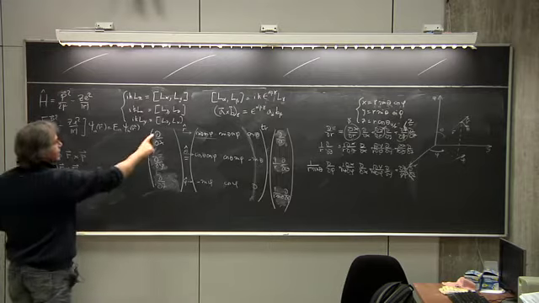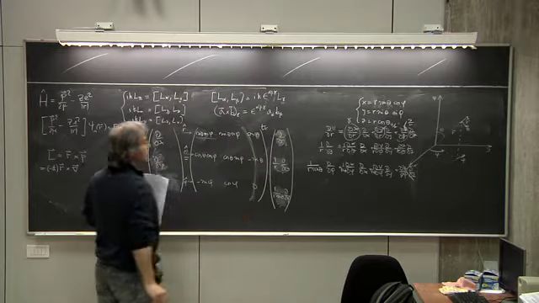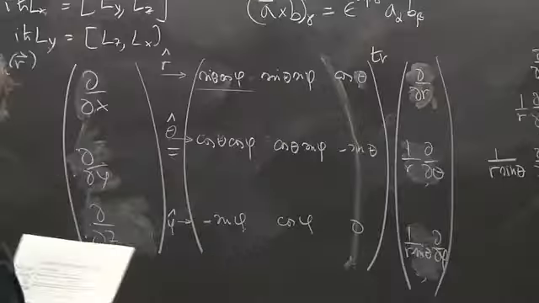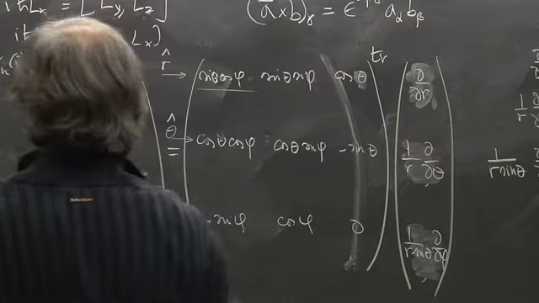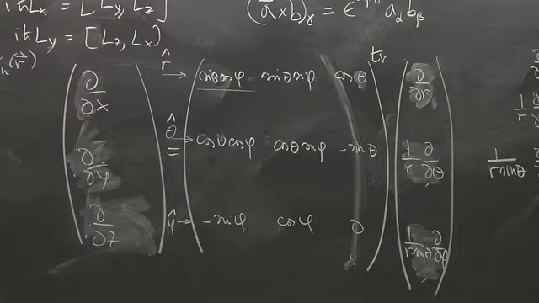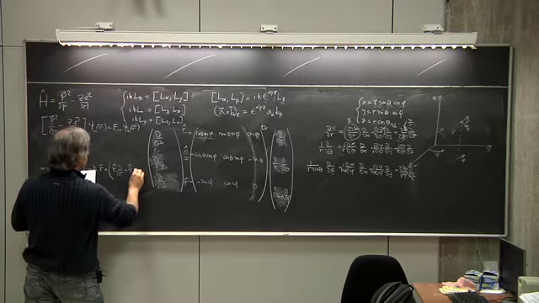Now, the gradient can be expressed in this new coordinate system. In the new coordinate system, you can rewrite it, it's a very simple thing. The gradient has an R component, which is simply d in dR, a theta component times 1 over R d in d theta.